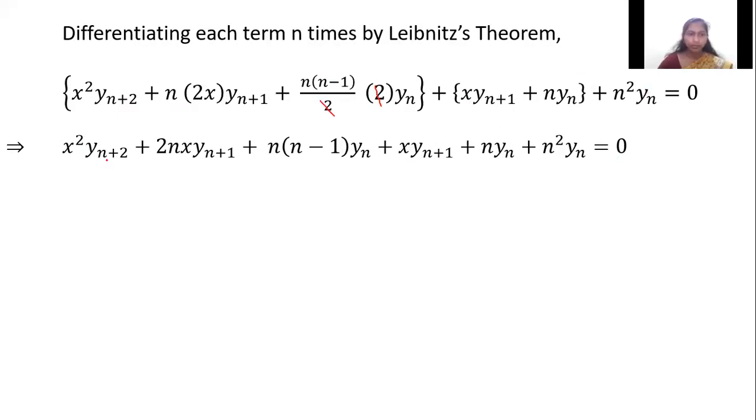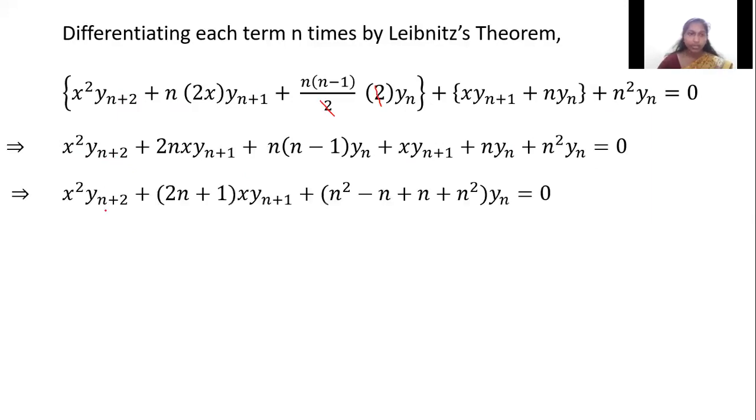Now there is only one term with y n plus 2, so I'm retaining that. For y n plus 1 we have two different terms, which we can bring together, since x y n plus 1 is common: 2n plus 1 into x y n plus 1.